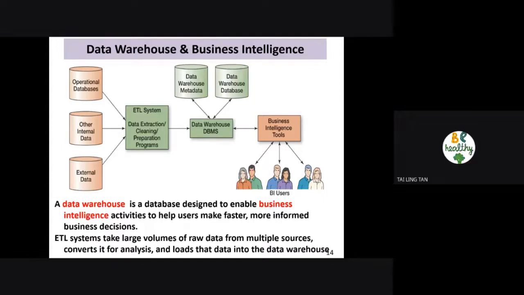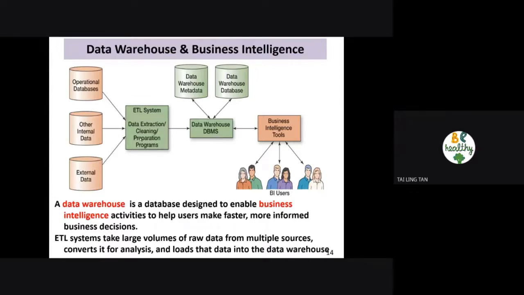Okay, then I'll continue with this part. We have this operational database. We also have other internal databases and external databases. So this ETL system is a system that tries to combine all these external, internal, or operational databases, which come from different phases.